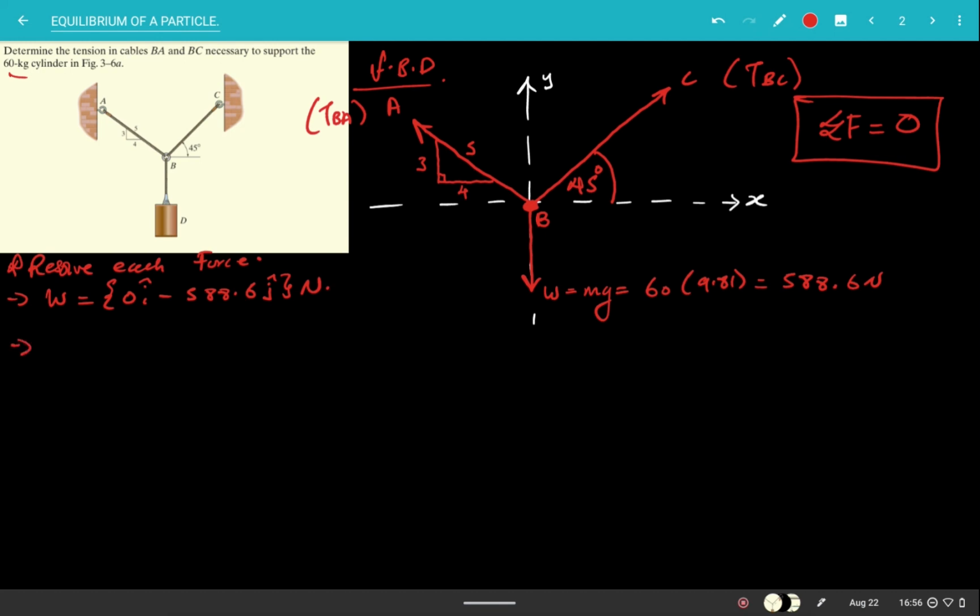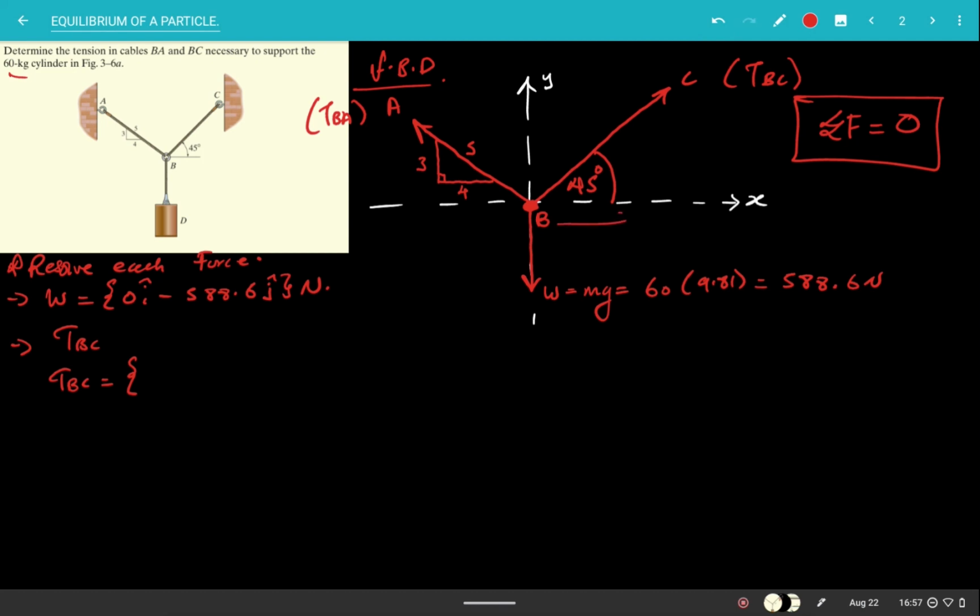Then we can look at tension BC. What are the components of tension BC? Tension BC is not acting along a particular axis, but rather it's at an angle, so I have to resolve it with respect to the 45.